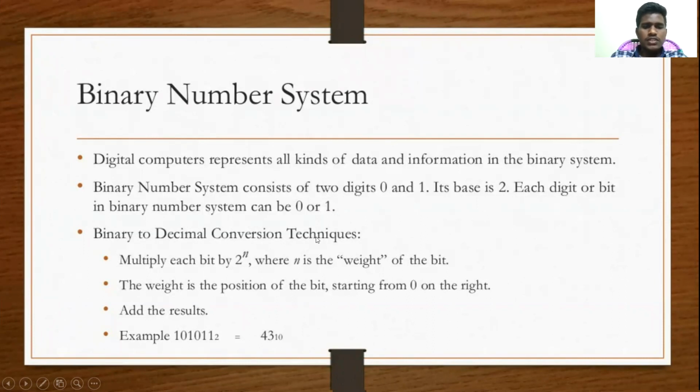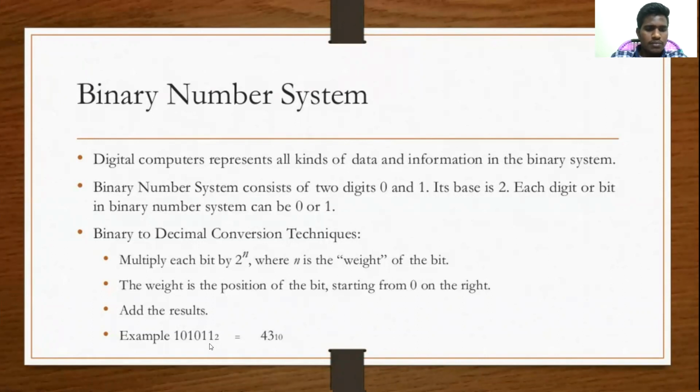Binary to decimal conversion techniques. If you want to convert binary to decimal, we have to multiply each bit of the given binary with 2 power n, where n is the weight of the bit. The weight is the position of the bit, starting from 0 on the right side. For example, take 101011.